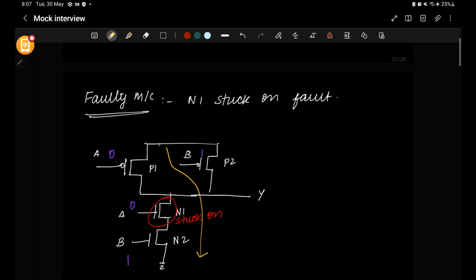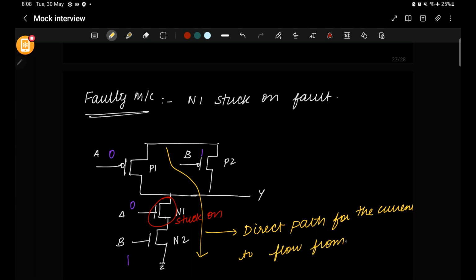Okay, Vin is 0. So this is on and this is stuck on. Although input voltage is 0, as this has a stuck-on fault, it will always be on. And N2 is on because its input voltage is 1. So here you have a direct path for the current to flow from VDD to ground. Hence, with this pattern, we are able to detect the N1 stuck-on fault. Okay.